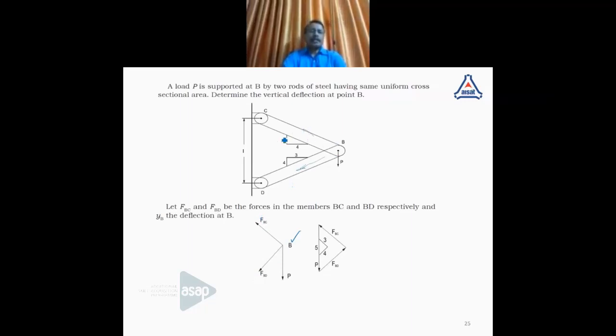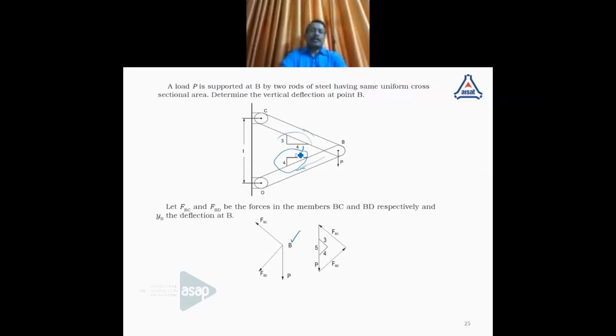Considering the slope of BD and BC, we can draw the free body diagram as a force triangle like this. The force P is acting like this, and using forces BD and BC, a force triangle can be drawn.